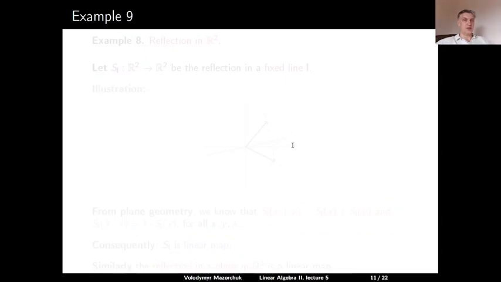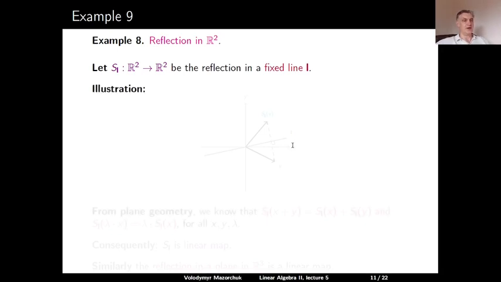One more example, example 9, and this is the reflection in R2. Again, the same setup as in the previous example. So we have the plane R2 with a fixed line L, which goes through origin, but now we use this line as a mirror to define the map S sub L, which takes an element V and reflects it into this line L as if L is a mirror.